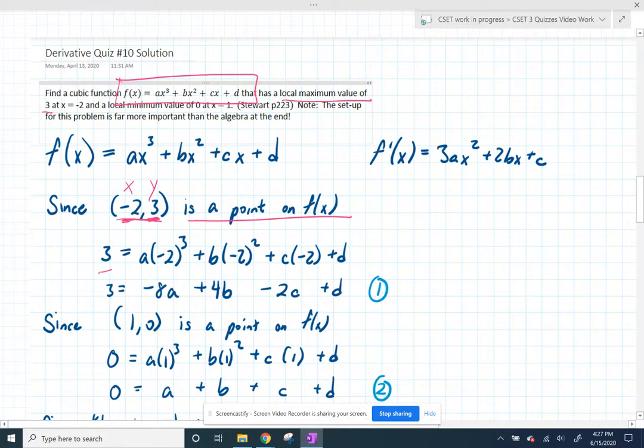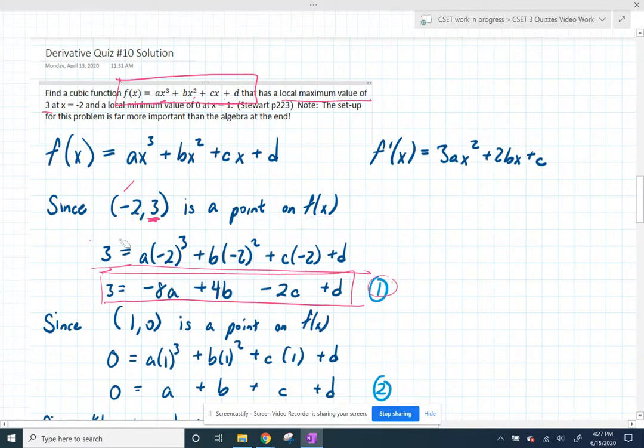So 3 should equal negative 2 cubed plus b times negative 2 squared plus c times negative 2 plus d. And so that's what we have here. And then we just keep simplifying that as far as we can go, but that's about as good as we can get. And I call that equation 1. Check. So now that's one equation.